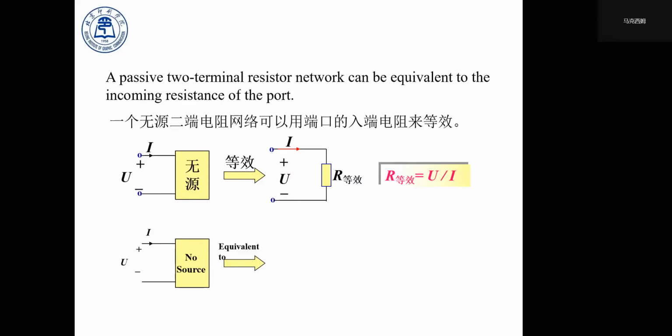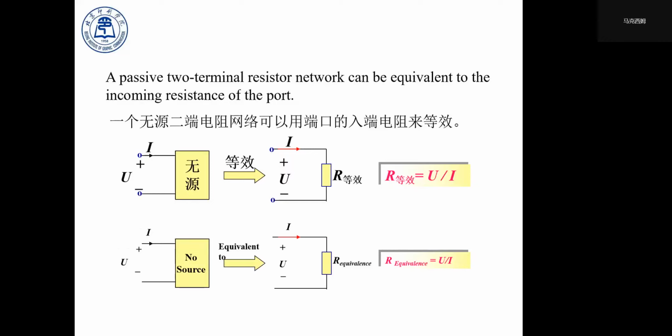So in our lecture, it generally means there are no independent sources, either voltage sources or current sources. So this is what we learned last lecture.